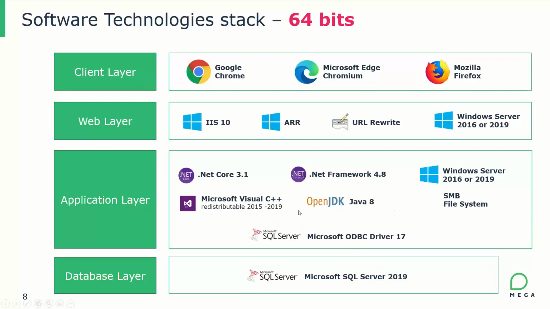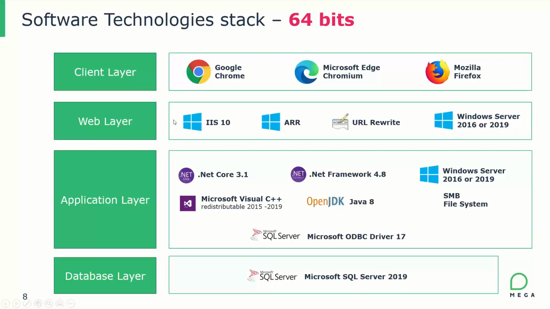And of course, the JDK is embedded in HOPEX, so no specific need here. We still need dependencies to the file system for the license or for the sharing of the folder of the environments. And in terms of database, we support Microsoft SQL Server 2019.